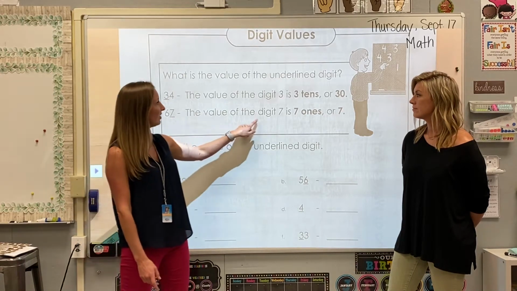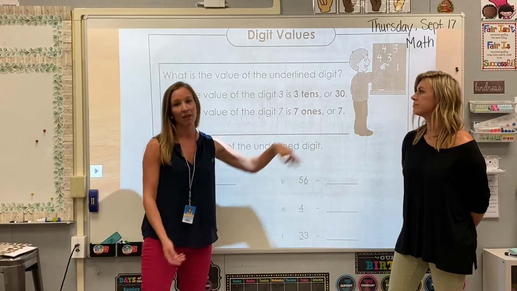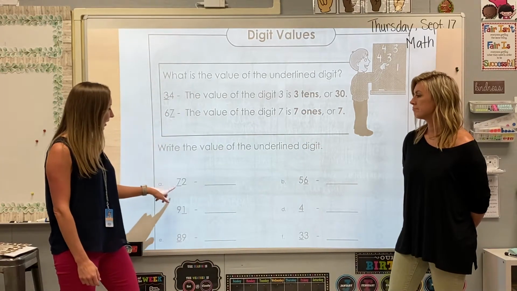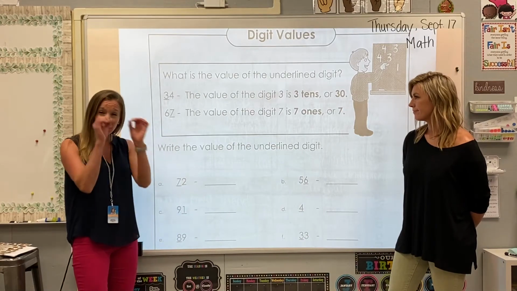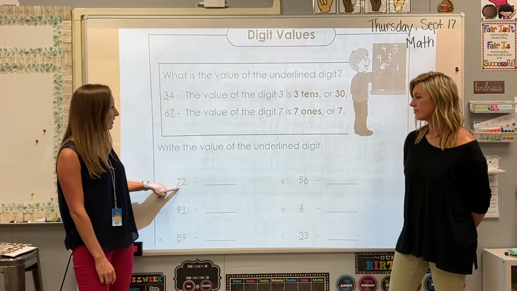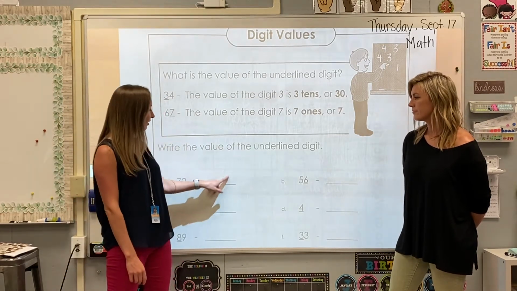The value of the digit 7 is 7 ones or 7. So for each of the problems on the page, we are going to be looking at the number very, very closely with our eagle eyes, we need to find the underlined digit, and then we're going to be writing the value of that digit on the line.